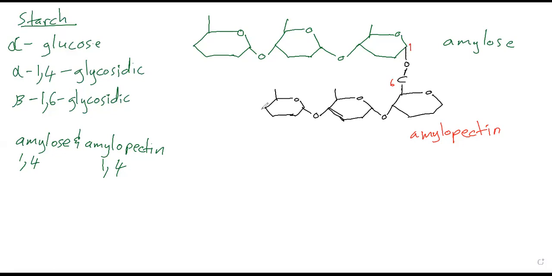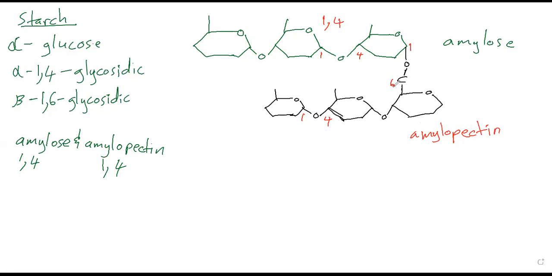So starch is made up of amylose, which has all 1,4 links, carbon 1, carbon 4, and amylopectin, which also has 1,4 linkages. But to connect amylose to amylopectin, it is carbon 1 with carbon 6.